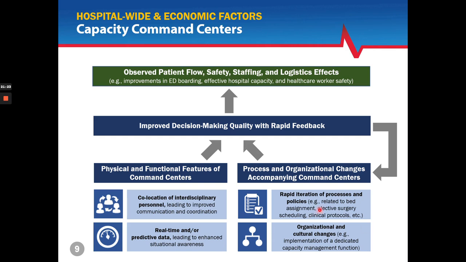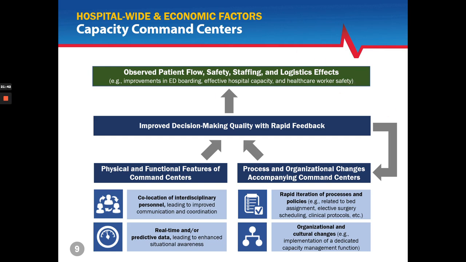So they might begin to change the standard processes behind admissions or scheduling elective surgeries, or they might even dedicate an entire organizational function to capacity management. So in combination, all these changes drive the observed improvements in patient flow, like reduced ED boarding.